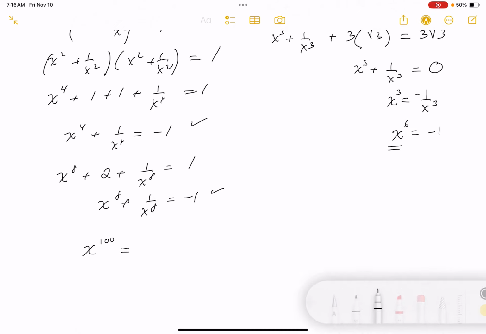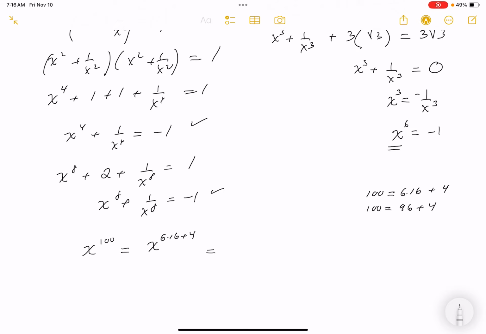So if I thought about the 100, and I said, with 6 in that, I'm going to say it's 6 times 16 plus 4. Let me just check that. 100 equals, 6 times 16 is 96, plus 4. So I can write this as x to the 6 times 16 plus 4.